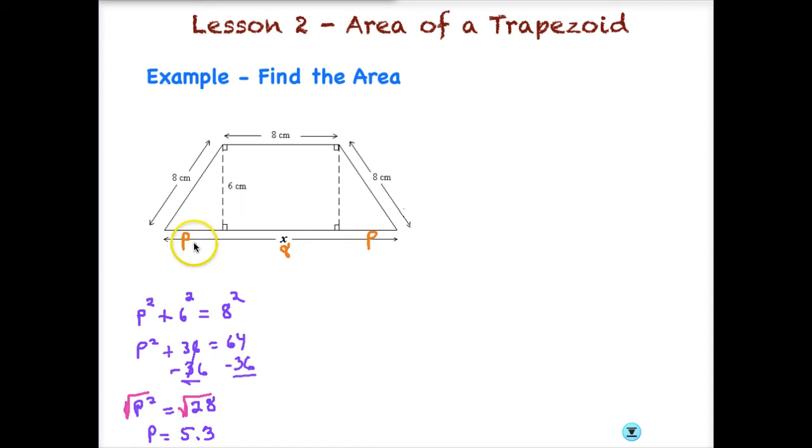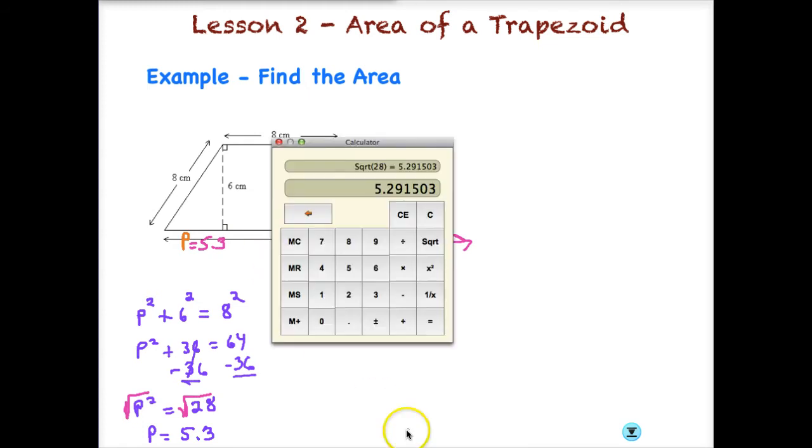So we know that this distance, P, is equal to 5.3, which means that this distance is also equal to 5.3. Now I can find the total of my base by taking 5.3 plus 5.3 plus 8. So let's do that. 5.3 times 2 plus 8 gives me a base of 18.6.